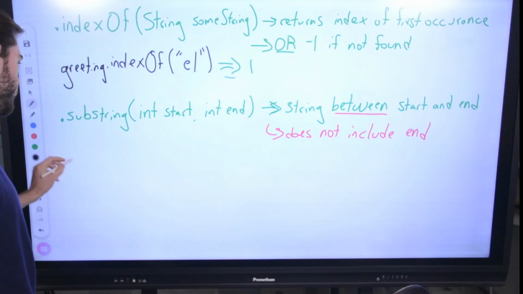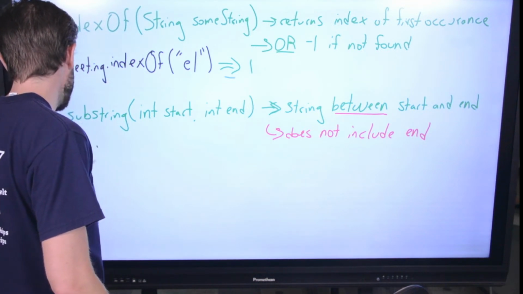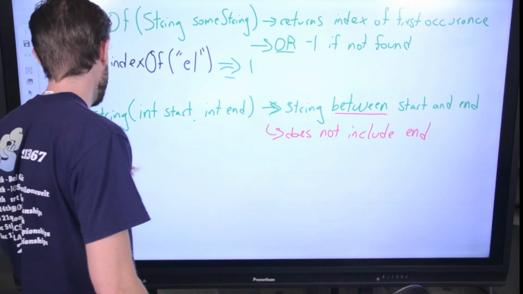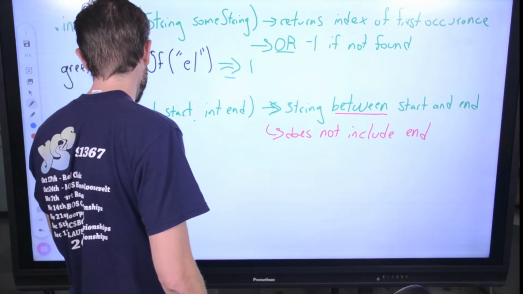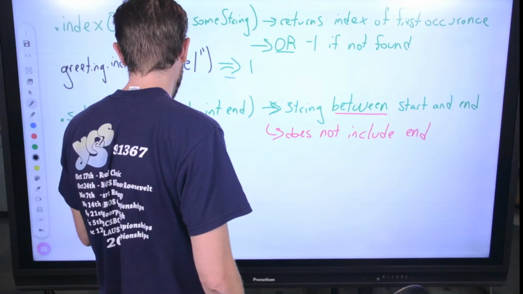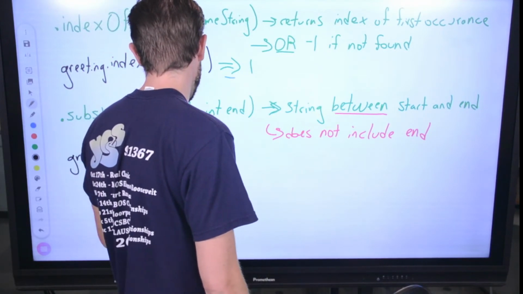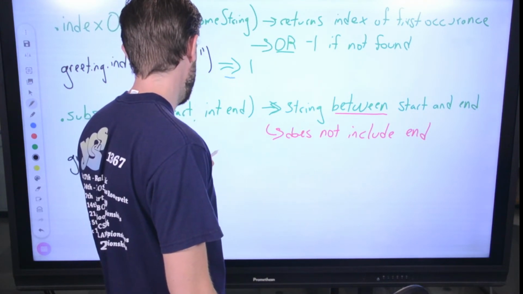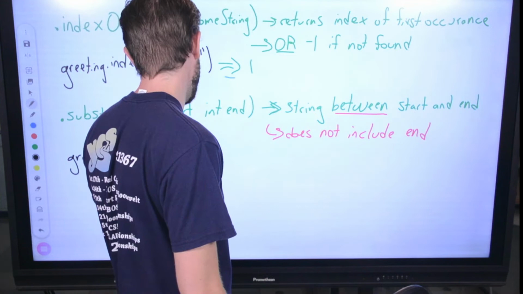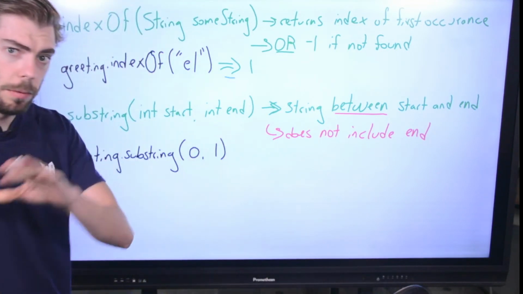For example, let's say we have greeting dot substring of, let's say, 0, 1. What is that going to return? Think about it for a second.